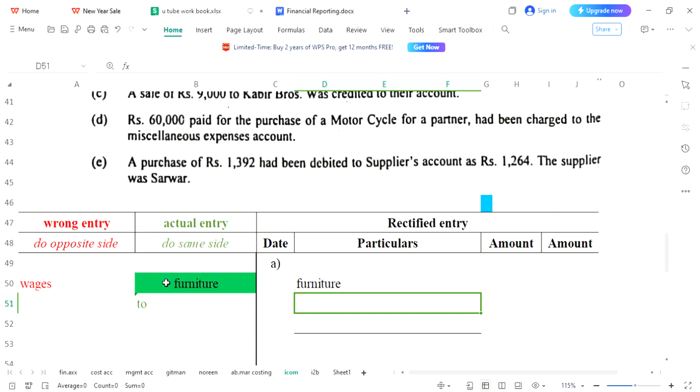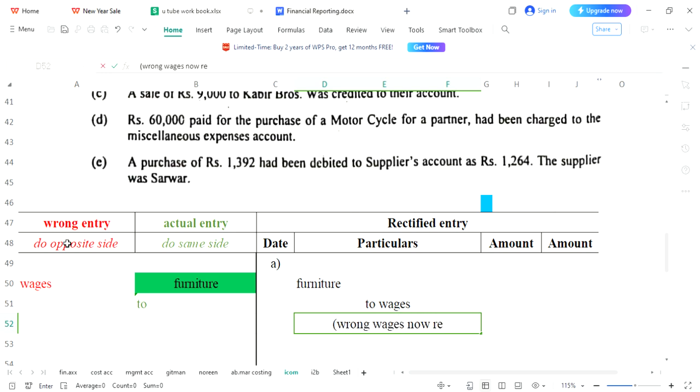Whatever is written in this green column, do the same side. That means if furniture is debit, you will write furniture on the debit side. Wages was wrong. And as usual, you know that if it is wrong, we will put it to the opposite side. So wages would be written over here, and you may write "wrong wages now rectified."